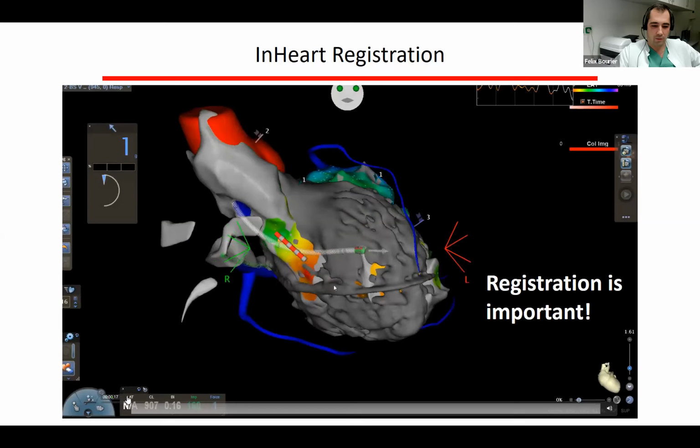Let's see if I can quickly get back in my slides. Yeah, so I think you should be able to see it now again. And what I like is having at least 3 landmarks that are distributed in 3D space and that are close to the heart. In this case, the aortic root with the coronary cusps, and the CS.